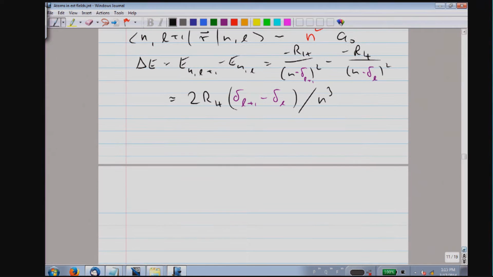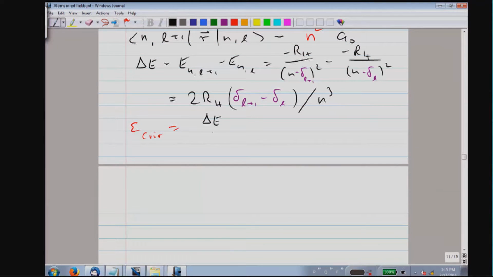So therefore, we find for the critical field, using the criterion I mentioned above, we take the energy splitting, the energy denominator which appears in perturbation theory, we divide by the value of the matrix element.